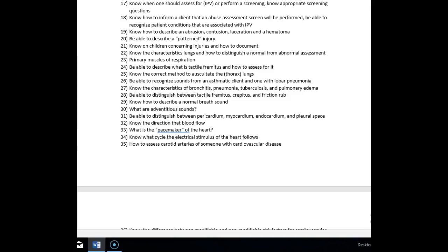A lot of times, in a lot of assessments, they may just routinely screen for abuse or intimate partner violence or that type of thing.